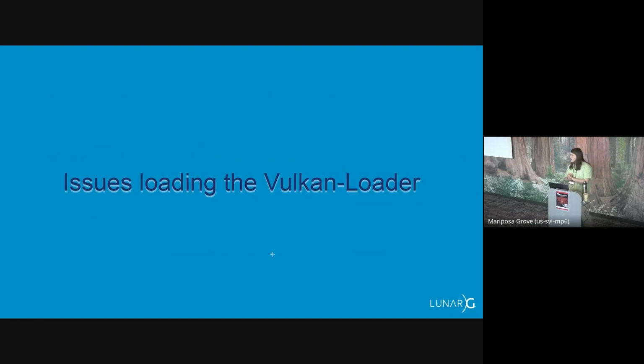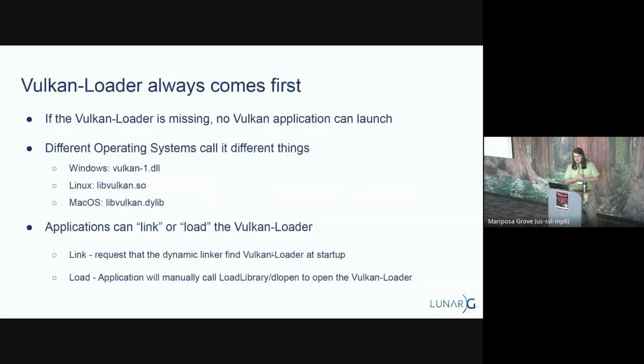So I've talked about debugging the loader, but unfortunately you have to have a loader to debug. So sometimes you need to make sure that the loader is actually being loaded. That's a mouthful, isn't it? The loader on different operating systems has different names. You can see what they are here.